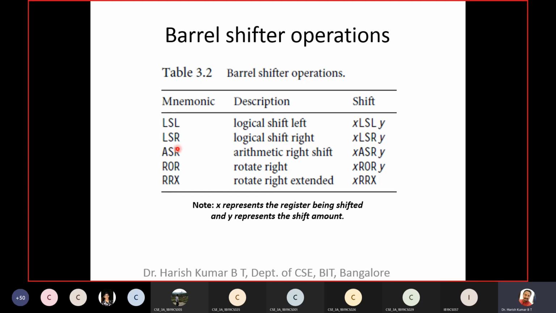And then ASR. So this is arithmetic right shift. Now, when I say arithmetic right shift, the sign bit should not be affected. I said the most significant bit, the 31st bit, is the sign bit. If it is 1, it is a negative number. If it is 0, it is a positive number.